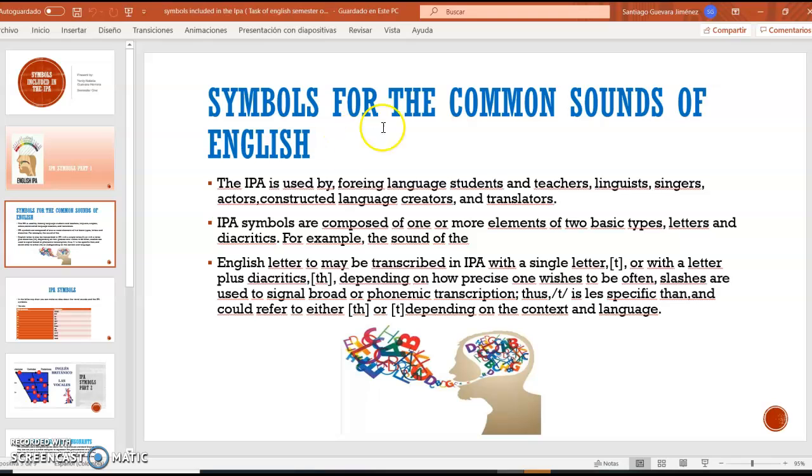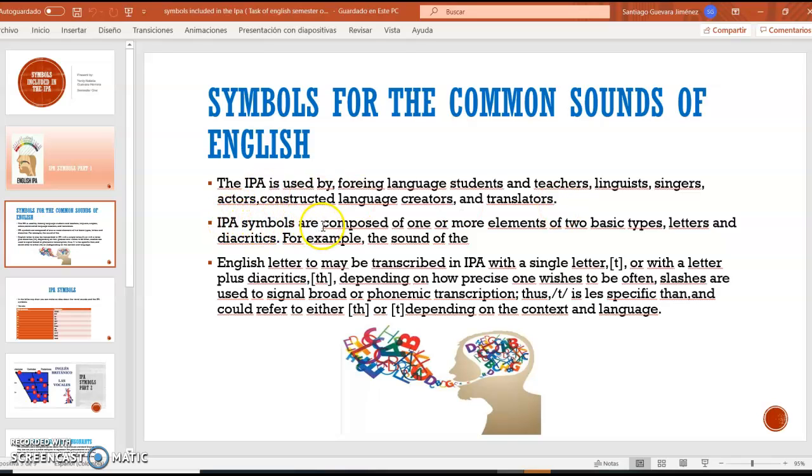Symbols for the common sounds of English. The IPA is used by foreign language students and teachers, linguists, singers, actors, constructed language creators, and translators.